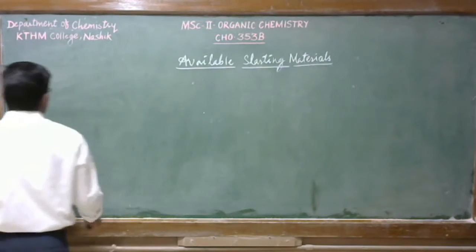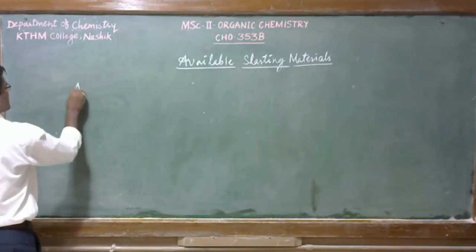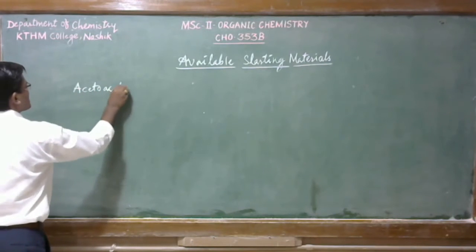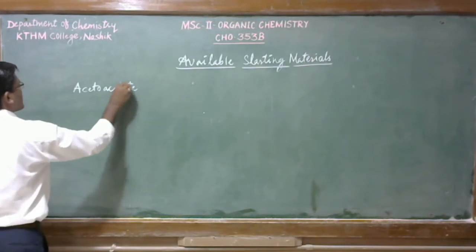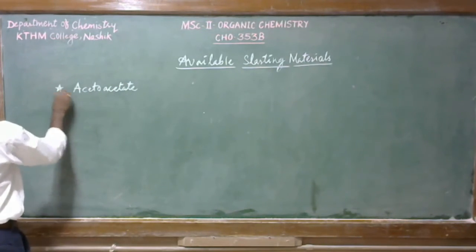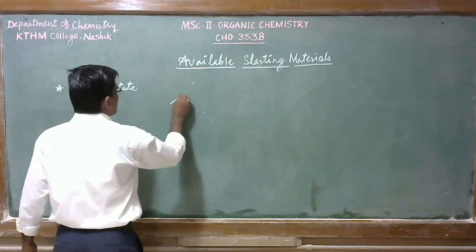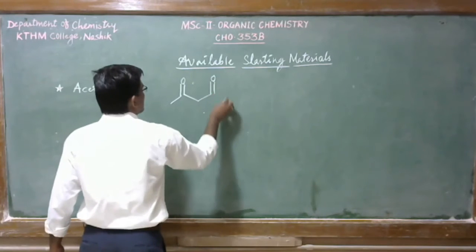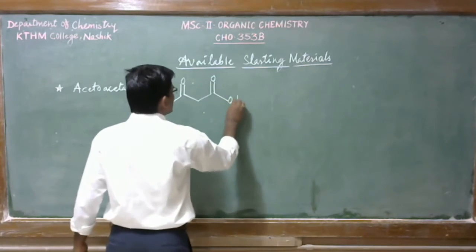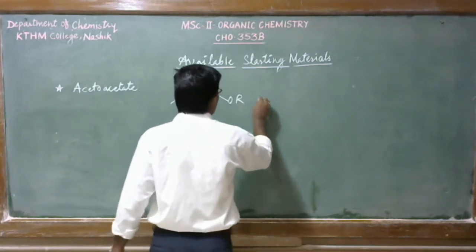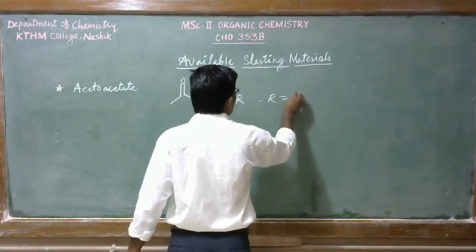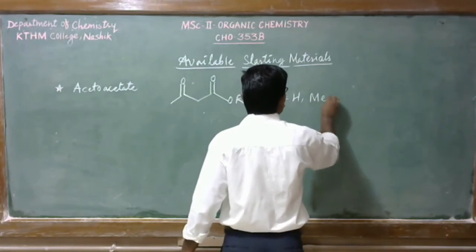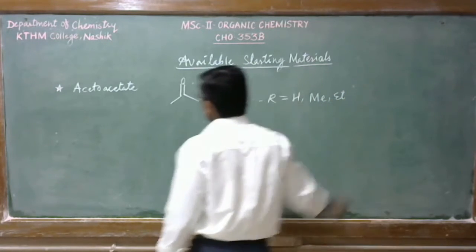First of all, we have this acetate, 1,3-dicarbonyl compounds. This R could be hydrogen, methyl or ethyl.